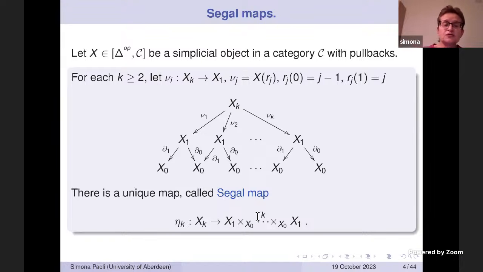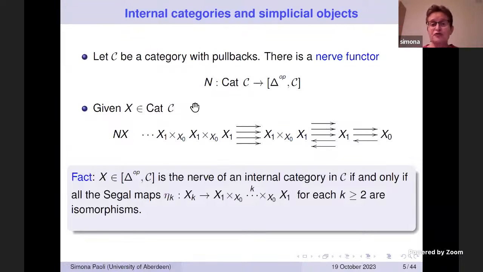So why does this have to do with categories? Because if you have an internal category in C, which is nothing else than a category, but where all the objects and arrows and maps live inside your context C, then there is a so-called nerve functor from internal categories in C to simplicial objects in C, built exactly as you do for the case C equals Set.